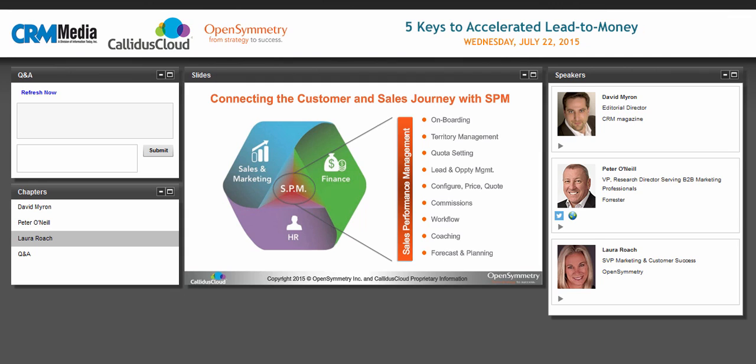So the companies that align sales incentives to the customer journey and hire the right sales talent, as Peter referenced, we really need to be thinking differently on what the sales talent is to meet the customer needs, and then optimize the incentive compensation process to match it. Those companies are the ones that are getting an advantage over their competitors. And so we call this optimization where you get to lead to money. So I want to hear from you, and I'll pass this back to David for a quick poll.